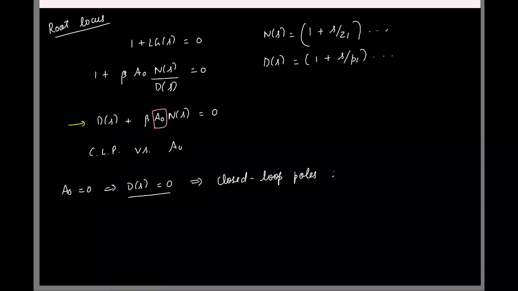When A naught equals 0, we find that the closed loop poles are the roots of D(s). Roots of this equation in terms of poles and zeros, what are they? Open loop poles, right? So this will be at open loop poles.